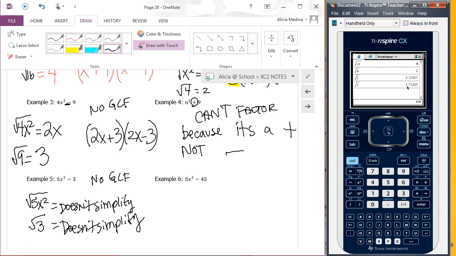All right, so what we have to say then is, this can't be simplified because neither of these are perfect squares. That's all we have to state.